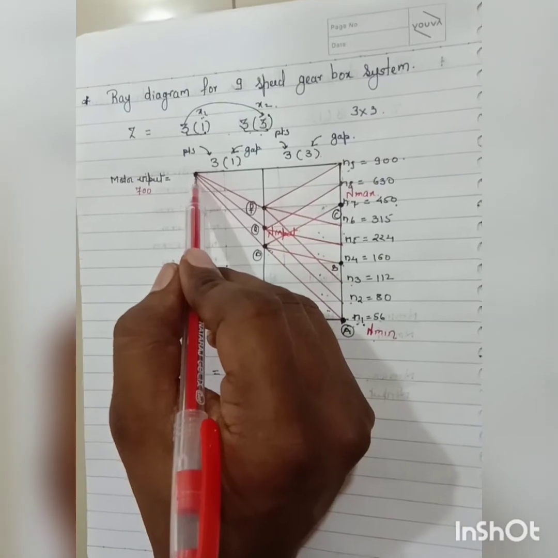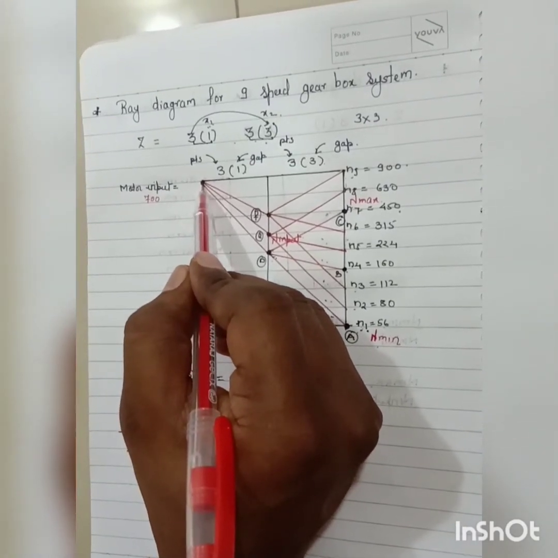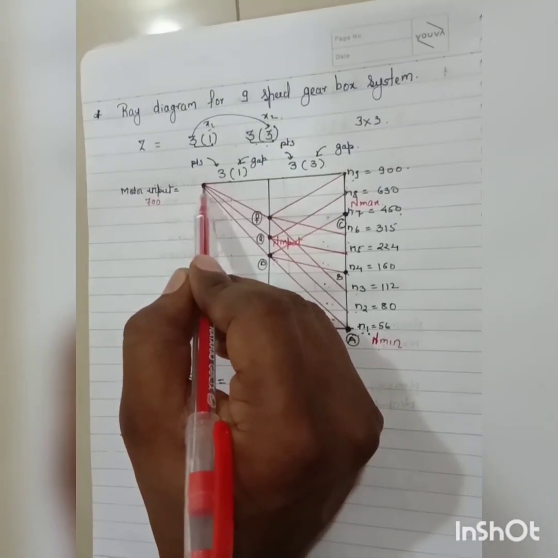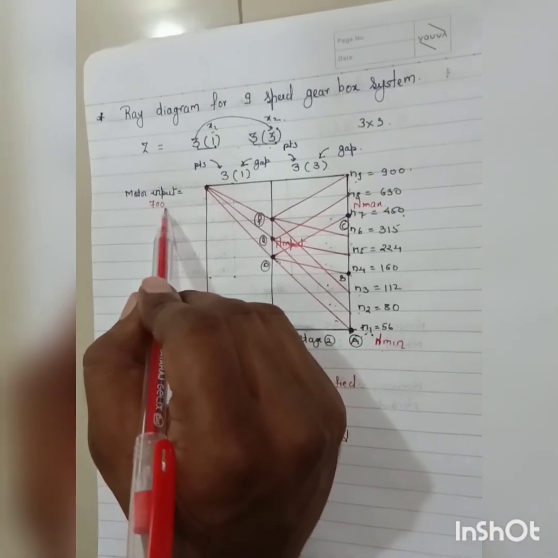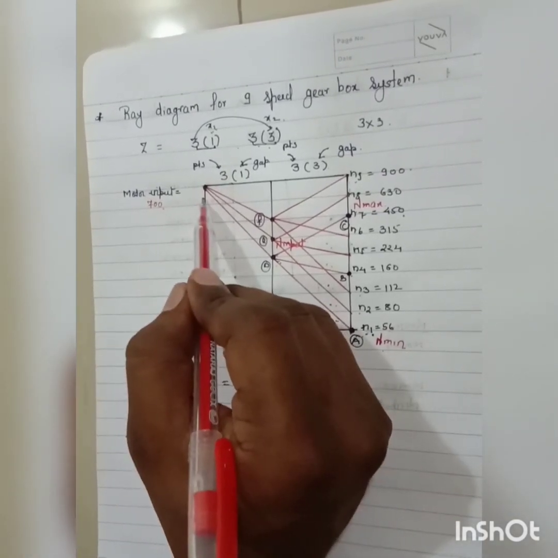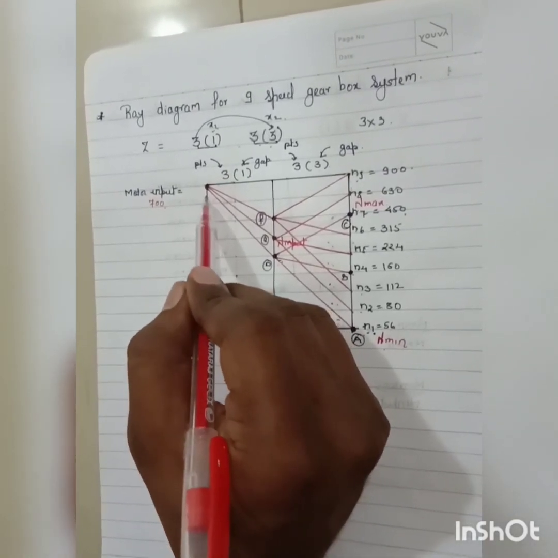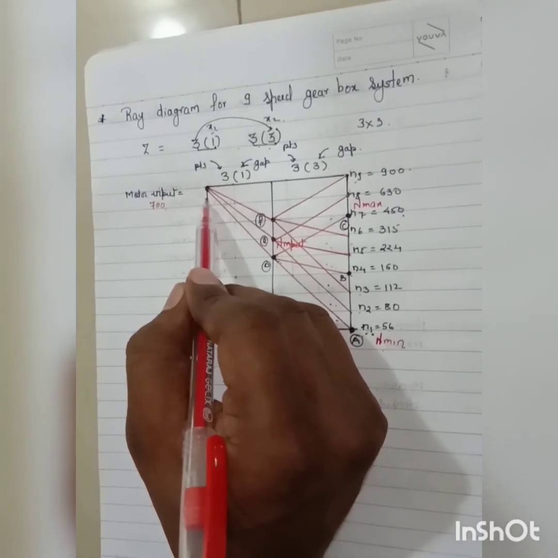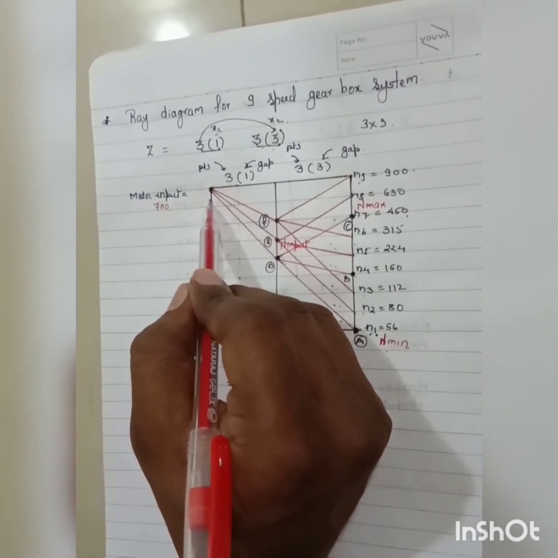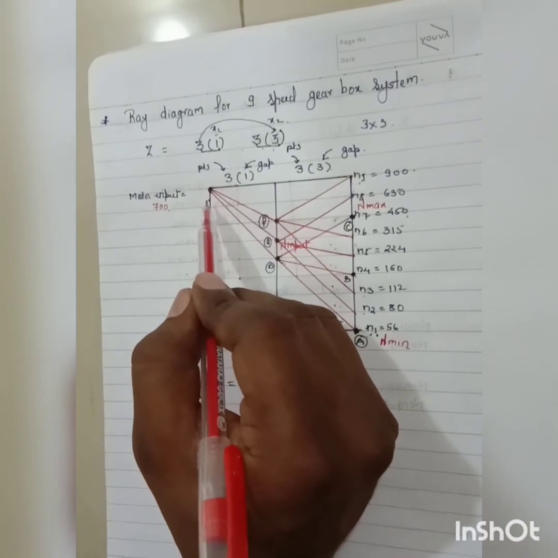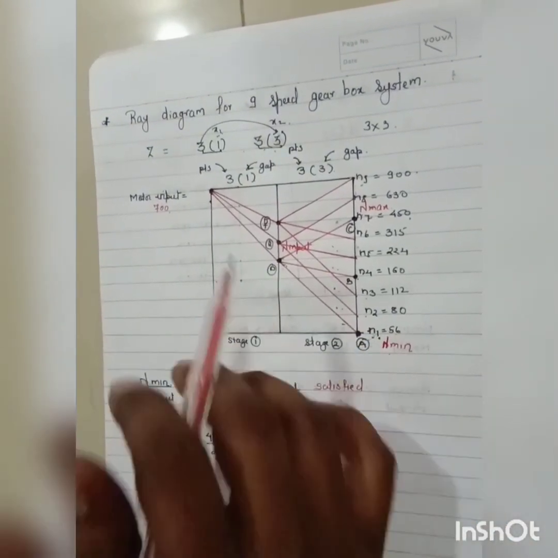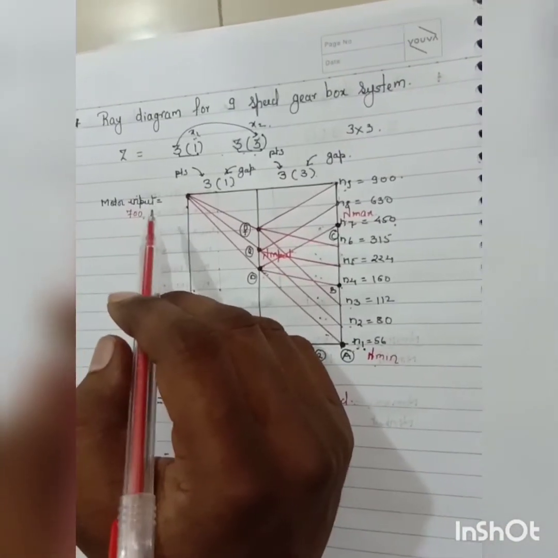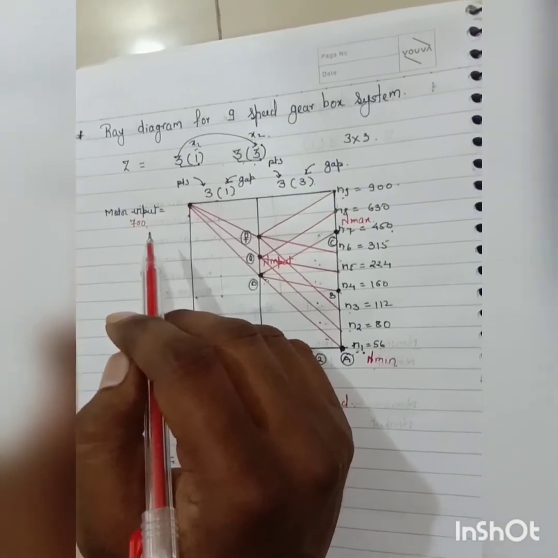Here we have directly joined it to the motor input. If you are given the value of the motor input, say 700, then that value could be plotted somewhere between 900 and 630, and then we can check the criteria, and if it is satisfied then we can move forward. So in this way, this is the ray diagram for a 9-speed gearbox system.